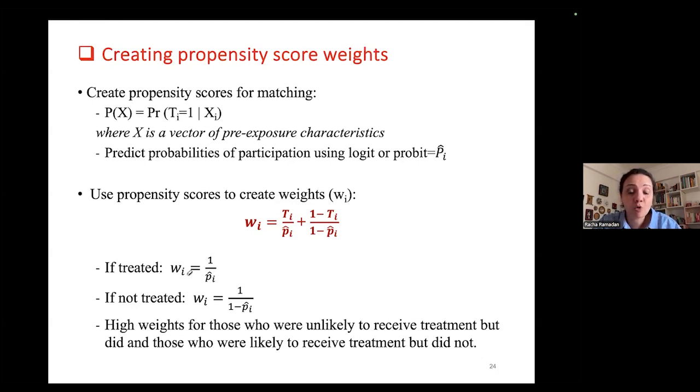So I'm giving these observations more weight. They are an example of the selection bias and of the fact that this process was not random. So we are correcting for this selection bias: these persons were not supposed to be in this program, but they are with us, so we'll give them higher weight.